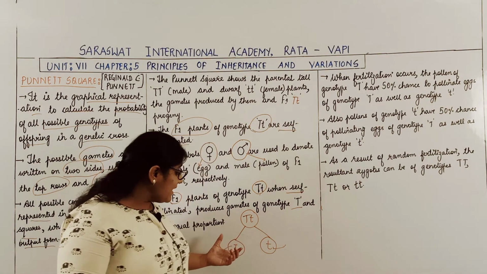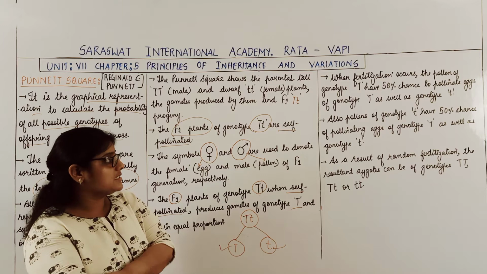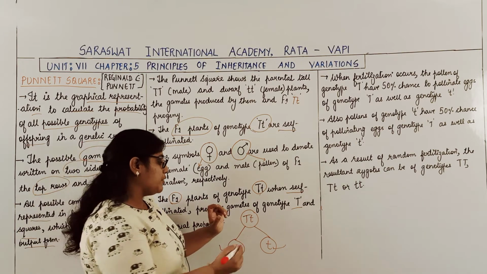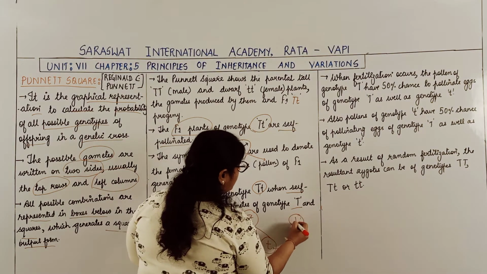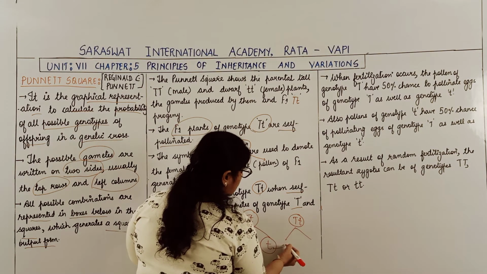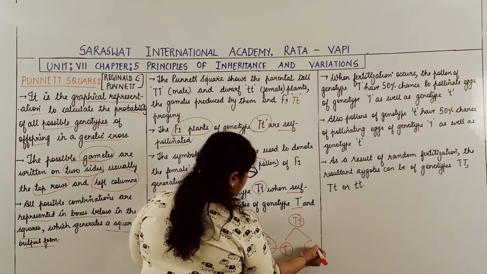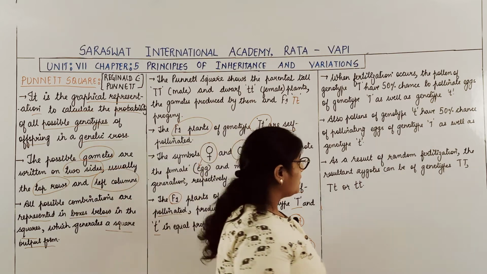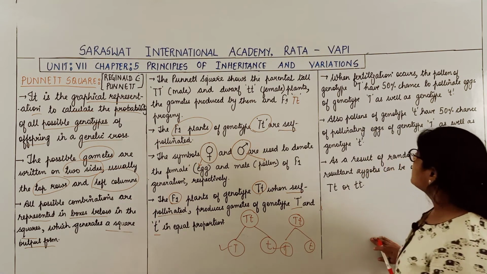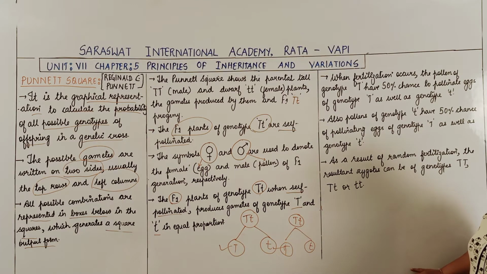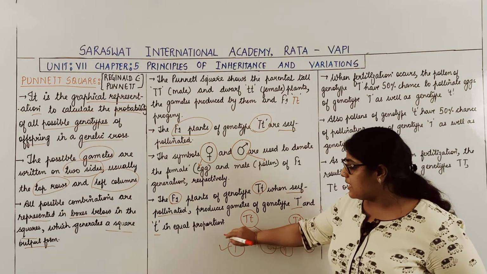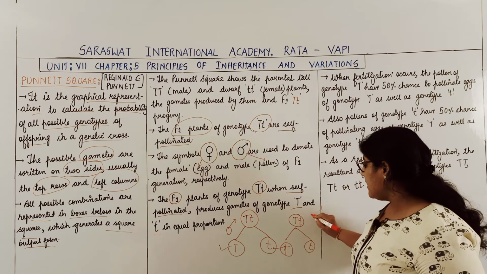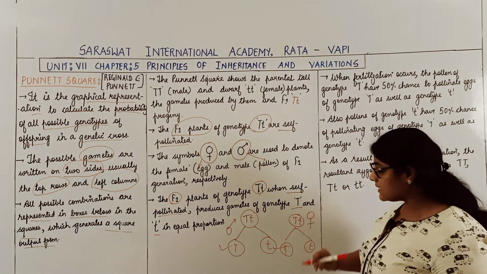Now, when fertilization occurs, F1 plants are self-pollinated, so again there will be another F1 plant, one capital T, one small t. Say, this I consider as a male and this as a female.